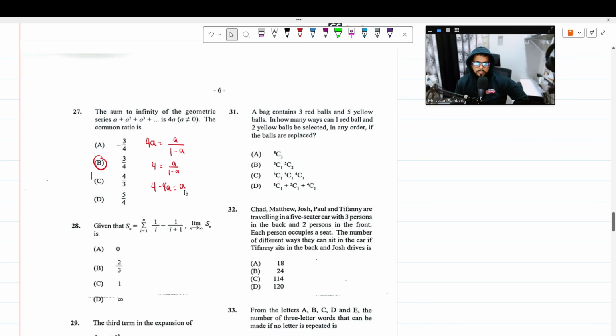Right, when I move it around, no, I will divide by 4. 4 minus 4a is equal to a. Move the a across. 4 is equal to 5a. A is 4/5. No.